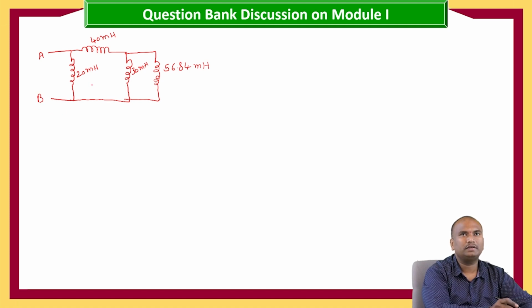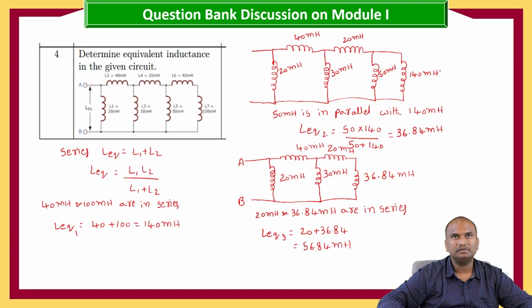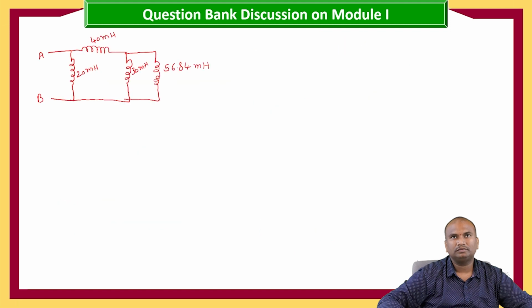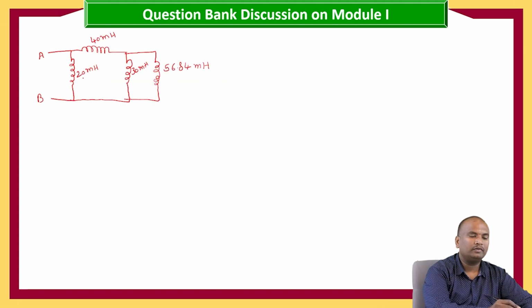Now if you see, these are the terminals. Here if you can see, this 30 millihenry and 56.84 millihenry are in parallel. That combination is in series with 40 millihenry.